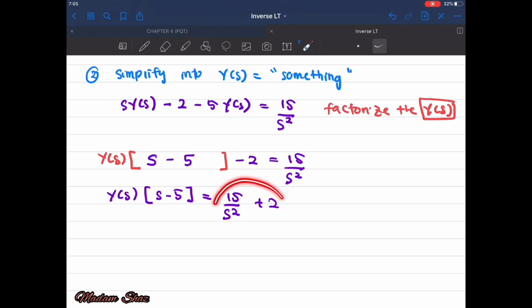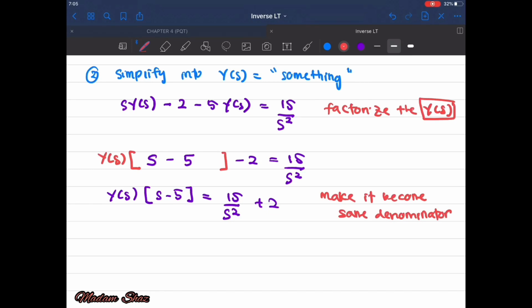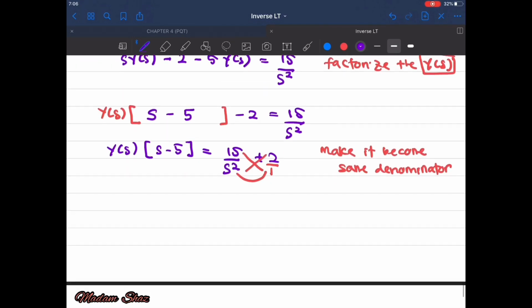Now on the right hand side here, you can see that the denominator is not the same. This one is 15 over s square. This one is 2 over 1. So we want to make it become the same denominator. How to make it the same denominator? We have to cross multiply. So simplify the right hand side.